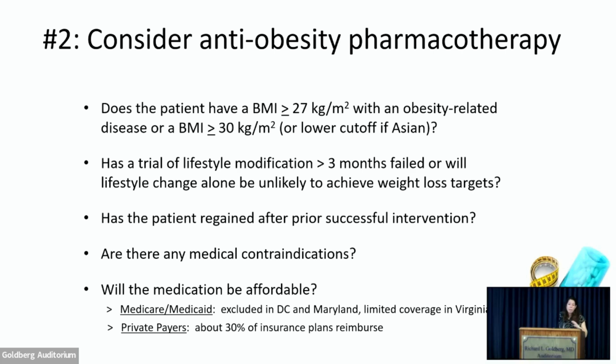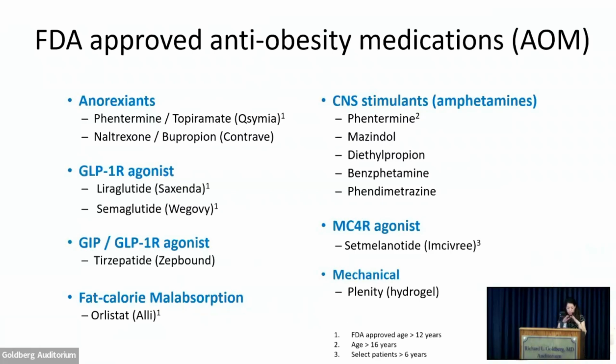There's some limited coverage in Virginia. And as far as private payers, about 1 in 3 insurers will actually reimburse for obesity coverage. So even when somebody has great insurance, they still may not have access to these medications, and they're cost prohibitive for most patients.